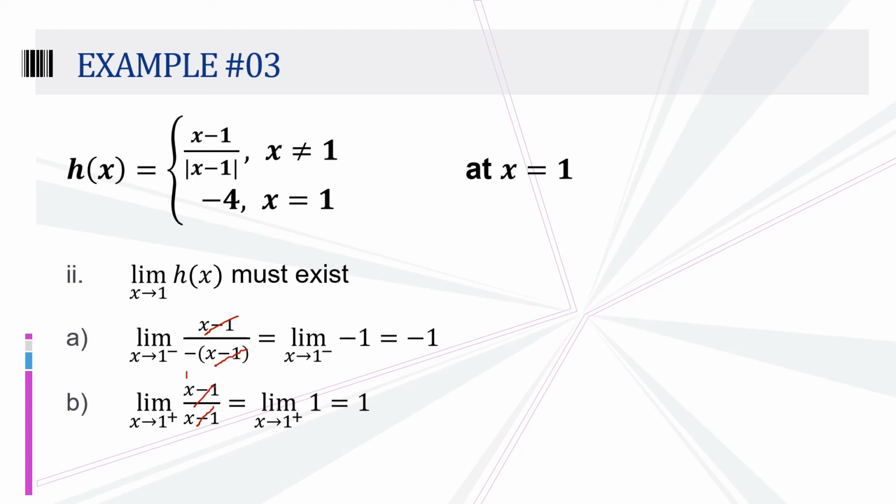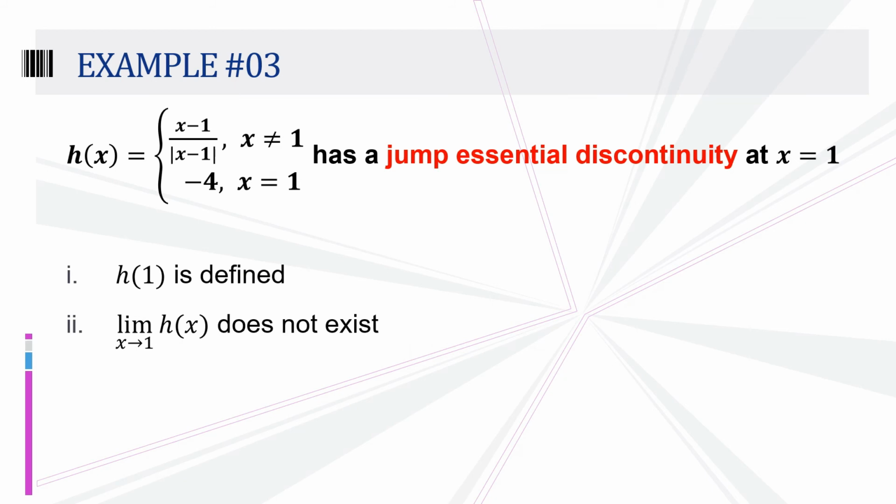So, notice that the limits exist, but they are not equal. Therefore, the limit of h of x as x approaches 1 actually does not exist. Okay? Pero yung one-sided limits, nag-exist sila. Which tells us that h of x has a jump essential discontinuity at x equals 1.